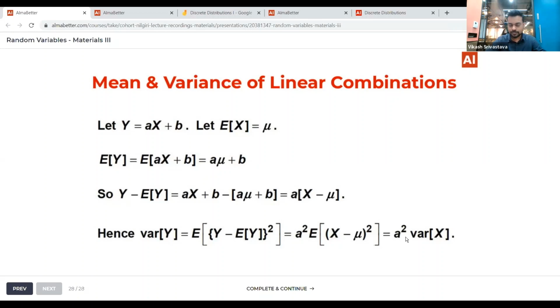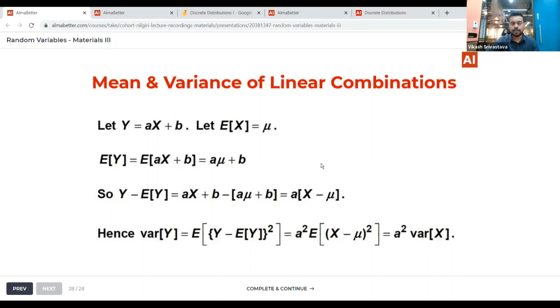Here it will be a squared multiplied by the variance of x. The b term will not contribute at all to the variance of y. So if you wanted to write the variance of y in terms of the variance of x, only here we'll have a squared multiplied by the variance of x.